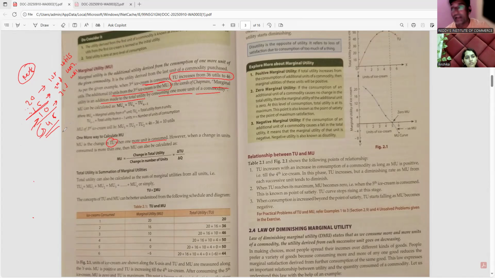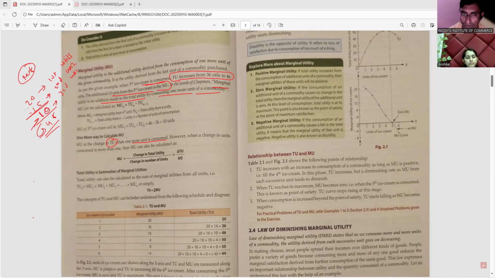When you consume another ice cream, you get 10 more utils of satisfaction. So whenever you consume one more unit of a commodity, you get more satisfaction. That is called marginal utility.